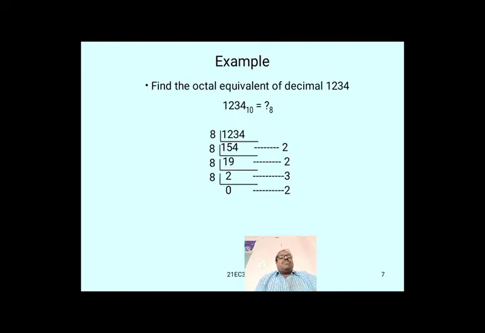Okay, remainder is 3 and quotient is 2. Again we want to perform the division. 8 zeros is 0, we get the remainder as 2. Here we get the value that the quotient must be equal to 0. By performing the division, the quotient is 0, the divisor is 8 and the dividend is 1234. We write the remainders from bottom to top.